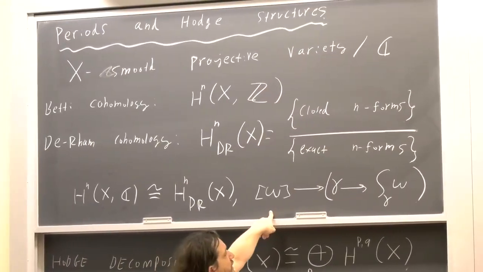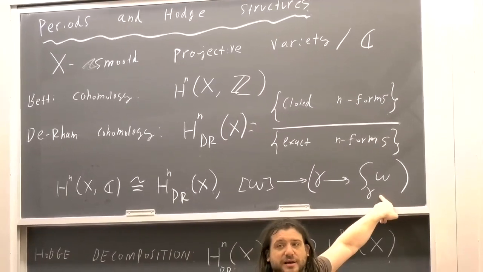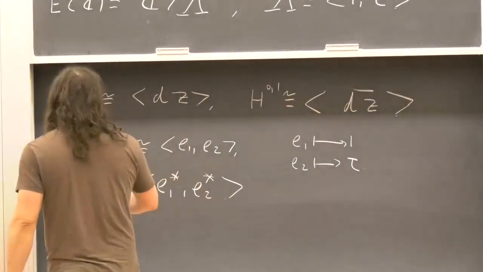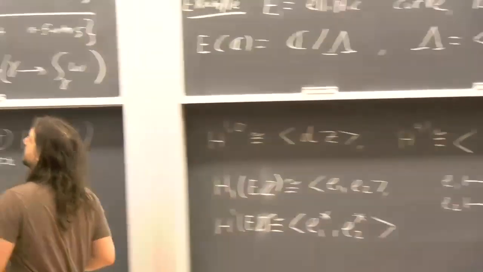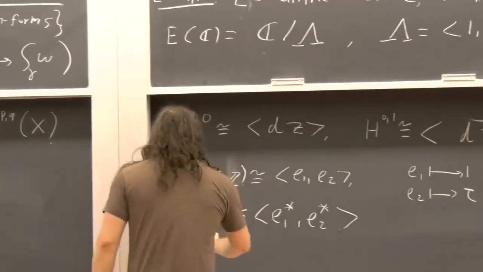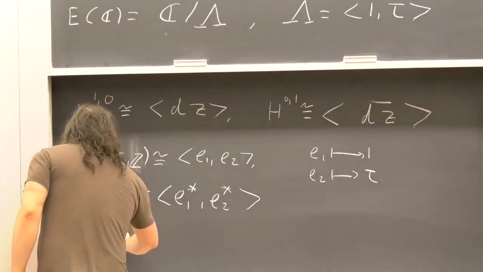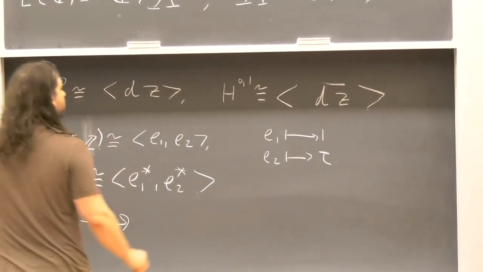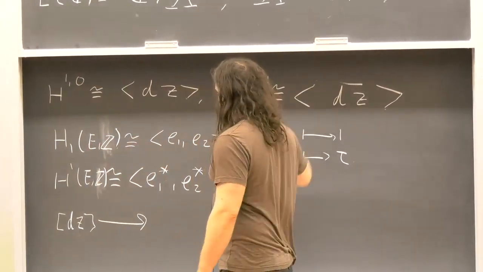Okay, so now what is this isomorphism? Well, once again, let's take a form and see what it does on each cycle. So if we look at the isomorphism from de Rham cohomology to Betti cohomology, and we look at the image of dz, the class of dz maps to, well, if we integrate it along e1, we just get 1.